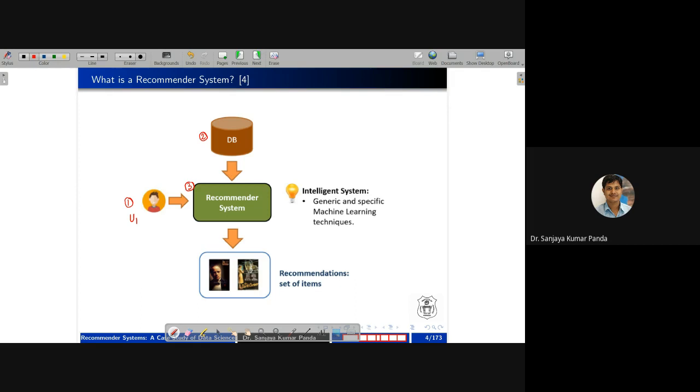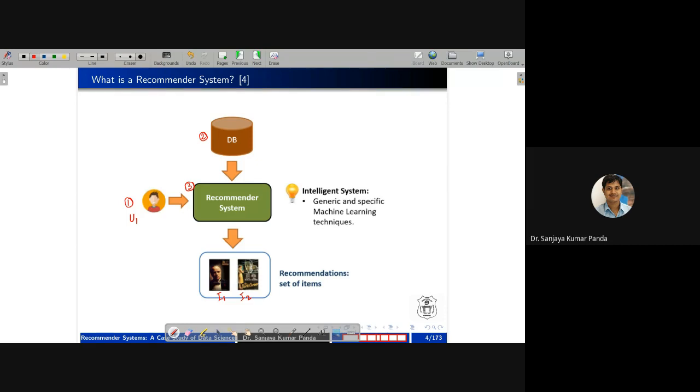Let us assume that by using this recommendation system, you have generated 2 different movies for U1. We call these movies I1, I2, that is item 1, item 2. So we are suggesting item 1 and item 2 to user U1.